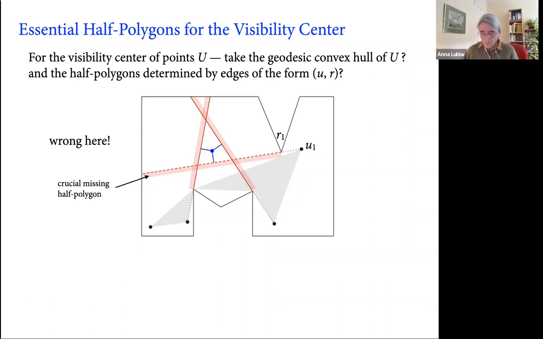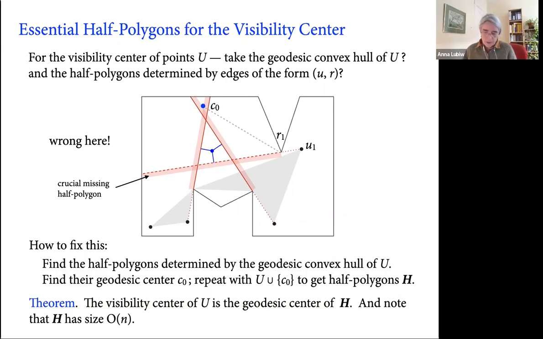So what matters to me are these 3 half polygons here. But if you think about that plan I was proposing, we take the geodesic convex hull, it's here in gray, and there's nothing that tells me I should take the line from U1 to R1. R1 is not even part of that geodesic convex hull. So we do need to do something more to find our set of half polygons.